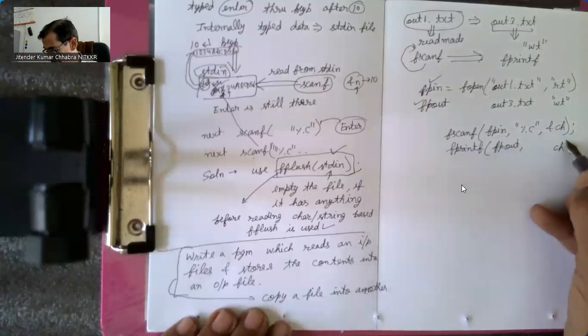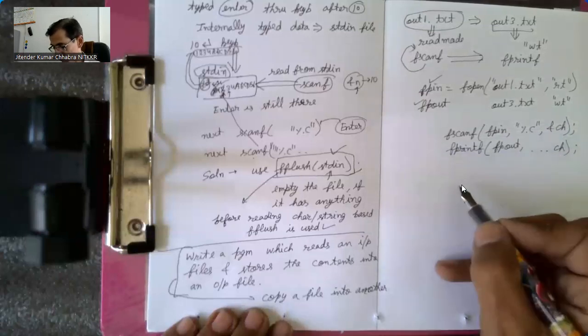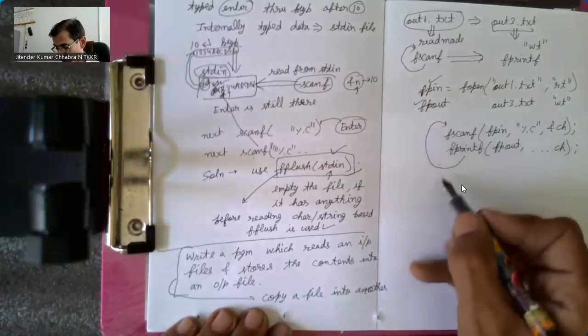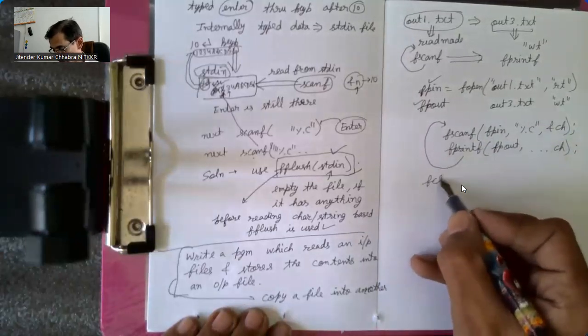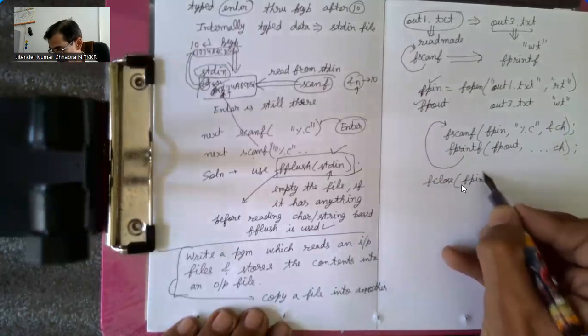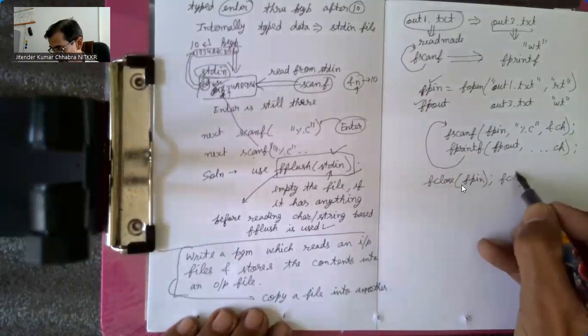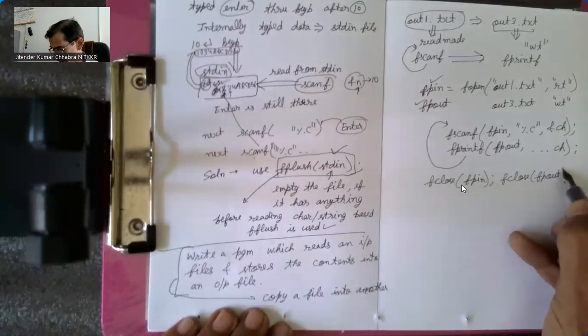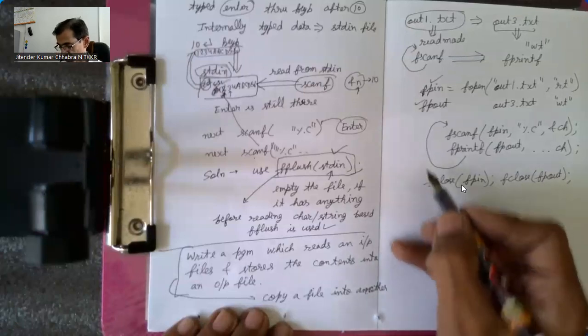The same character to be stored with proper syntax. Keep on repeating this process. And once you are out, you will close both files. fclose fp in. You will also close fp out. So this process to be repeated.